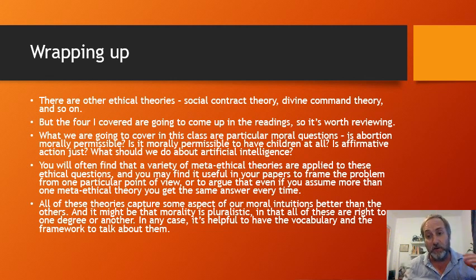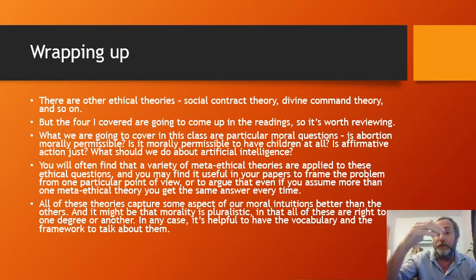You'll find that a variety of these big picture theories are going to be applied to these questions. You might find it useful when you're writing your papers to frame it in terms of one or more of these theories. One good way to argue for a particular view is to say, look, all 4 of these theories give the same answer on this particular view I'm arguing for. And I think they all capture part of our default moral intuitions.